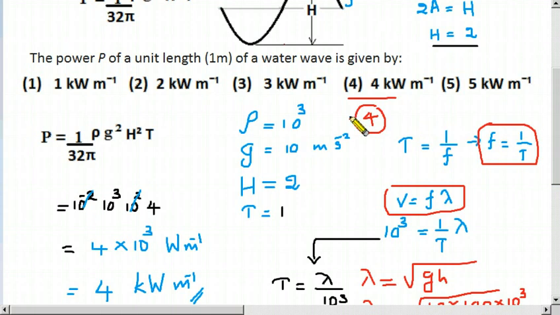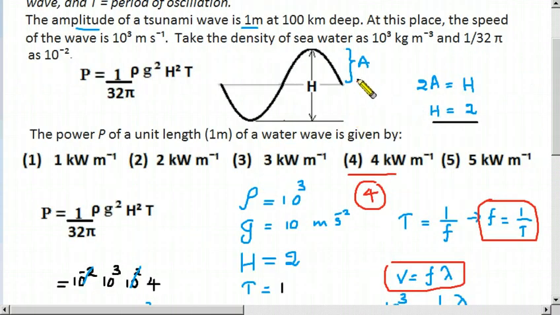Only you have to use your tactics to find out capital H. You know this thing, and the figure is given to help to figure out capital H. Due to symmetry, capital H is just 2 times the amplitude.